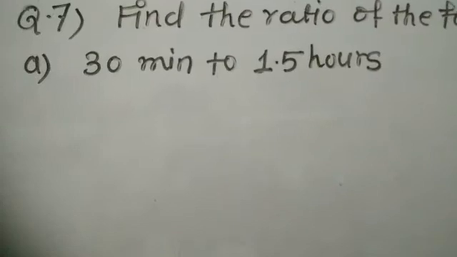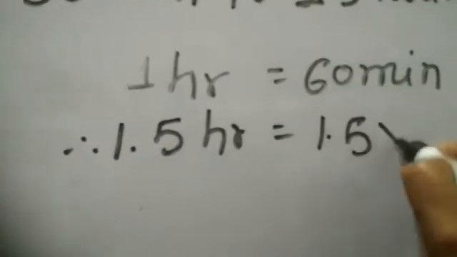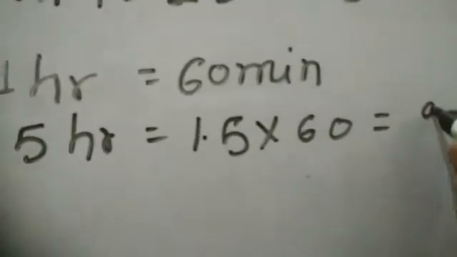So here, I am going to express 1.5 hours in minutes. Children, we know that 1 hour is equal to 60 minutes, right? Therefore, 1.5 hours is equal to 1.5 into 60, which is equal to 90 minutes.